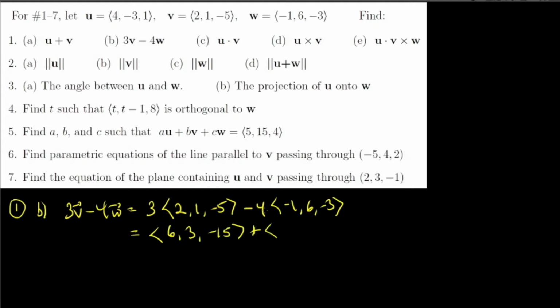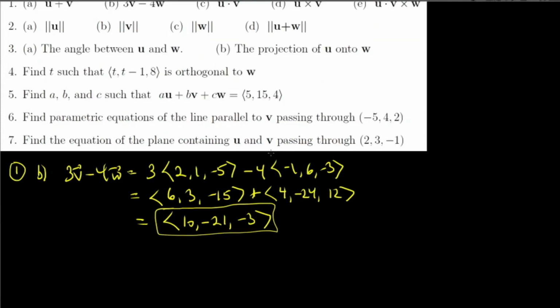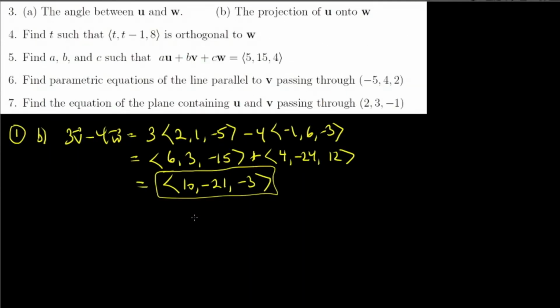Negative 4 times negative 1 is positive 4, and negative 4 times 6 is negative 24, and then positive 12. Now you're just adding these 2 vectors, so you get 10, negative 21, and negative 3. And that should be the answer. You should be able to do that, right? How about the dot product of u and v? That's part C, u dot v.